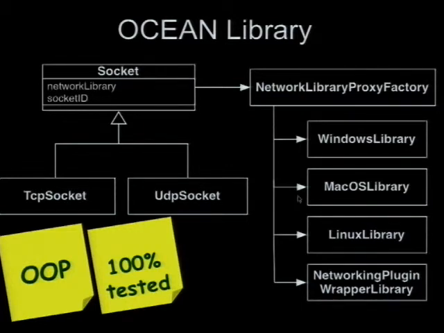And of course, as we said, we want to be beyond OOP, so it will be tested. We spend lots of energy writing tests from scratch. This means that we made no assumption. We didn't use the existing socket, because we have no way to prove that it's working correctly.